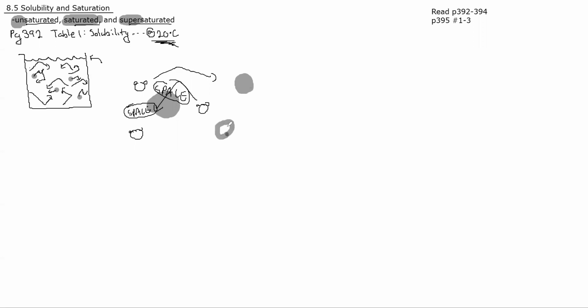So we are adding to the analogy that we had, or adding to the idea of how we have a cation or an anion, and it is surrounded by water molecules, right?